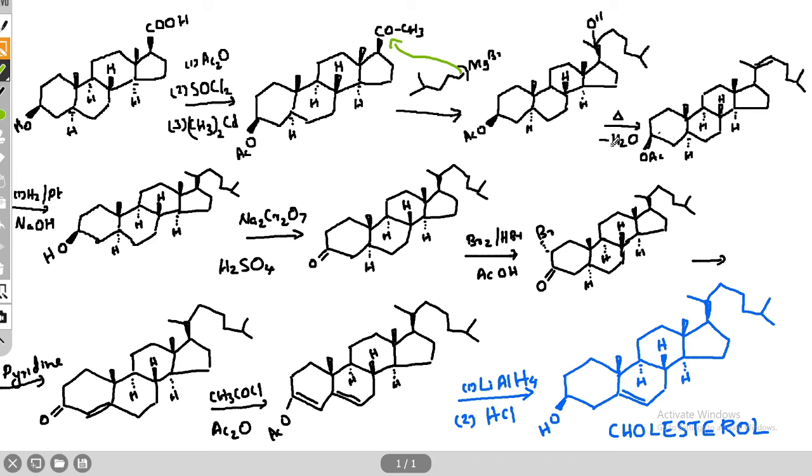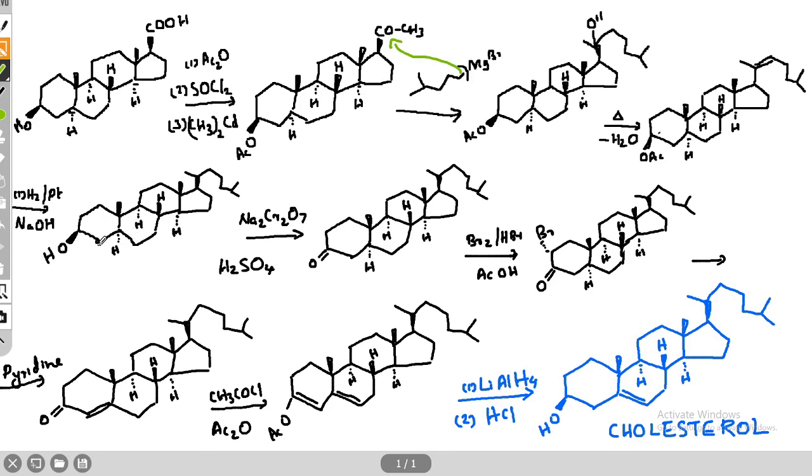It will eliminate one molecule of water to form a double bond like this. Then this double bond is hydrogenated using hydrogen and platinum, and this OAc is hydrolyzed using NaOH to form OH here. Okay, after that, we should introduce a double bond over here.